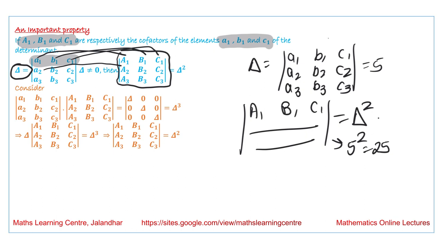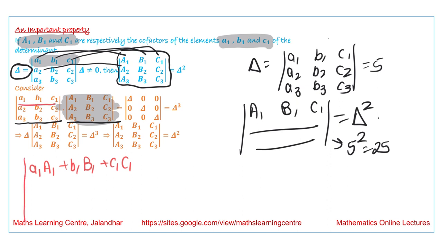So for the proof of this result, we multiply these two determinants. This is the first determinant we are talking about, and this is the second determinant, which is formed by the cofactors. If we multiply both these determinants, we know how we multiply determinants, the answer will be A1 plus B1 plus C1, this will be the first element over here.